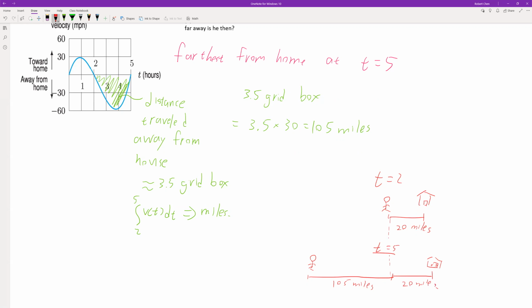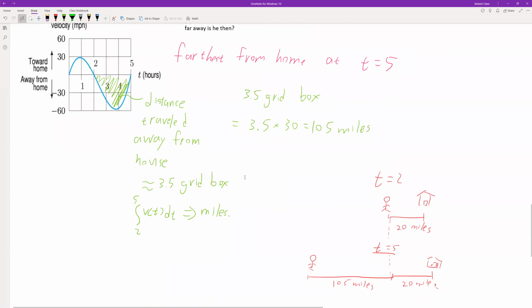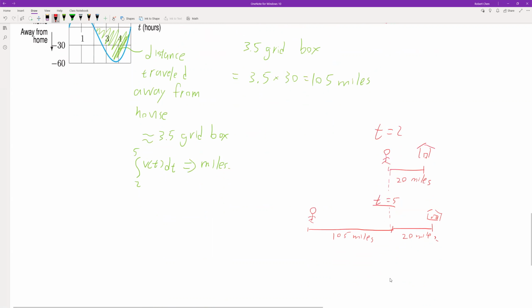So to answer the question, how far away is he then? We just add 105 and 20, and that is going to be 125 miles away from the house.